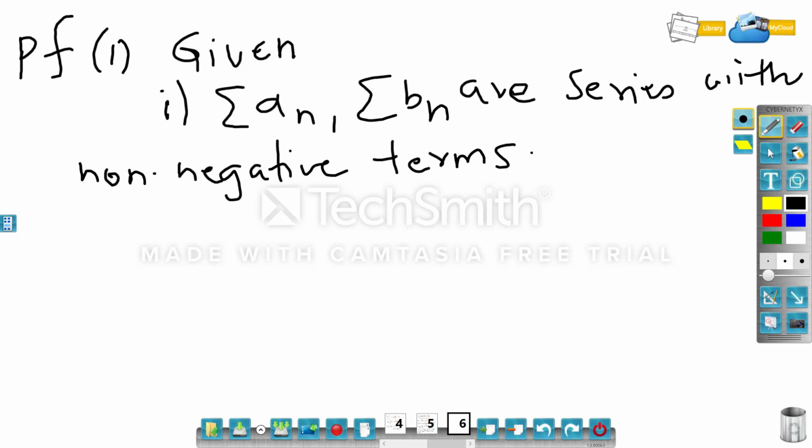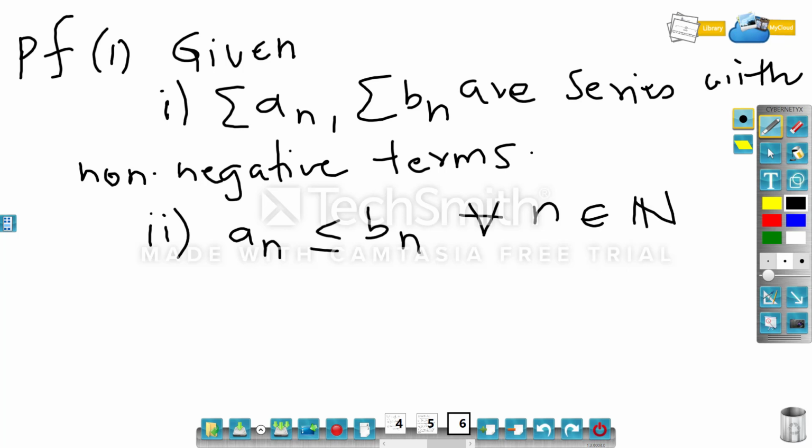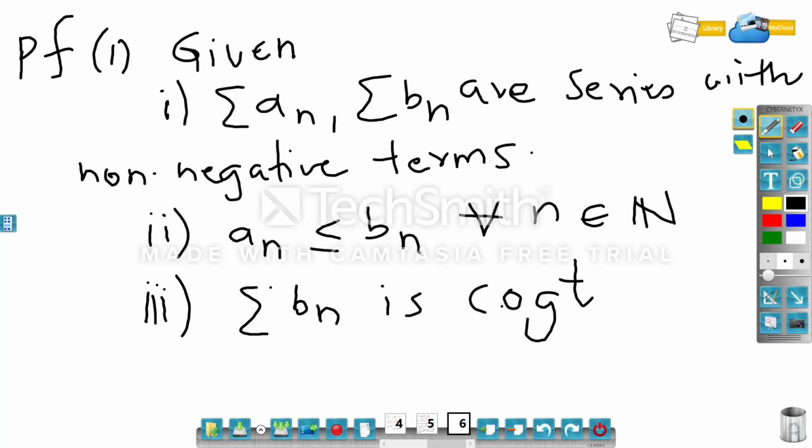So both the series are positive series. Second fact is given: an is always less than or equal to bn for every n belonging to the natural numbers. That means a1 is less than or equal to b1, a2 is less than or equal to b2, and so on and so forth. And the third one is series bn is convergent. We are proving theorem number 1.